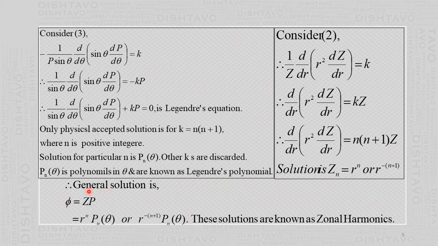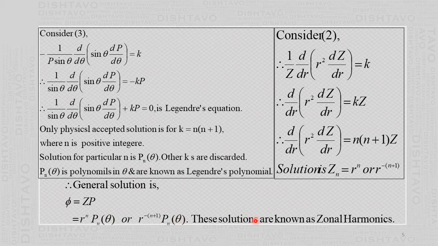So now the general solution of that given equation, that is Laplace's equation in spherical coordinates, is phi equal to ZP. This is how it is written. So now we substitute Z equal to one of these, r raised to n, and here this is Pn theta. Then another possible value of Z is r raised to minus (n plus 1), and P is Pn theta.